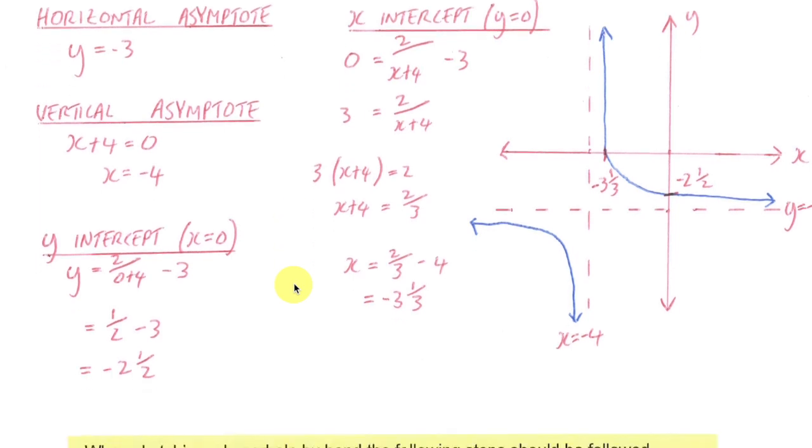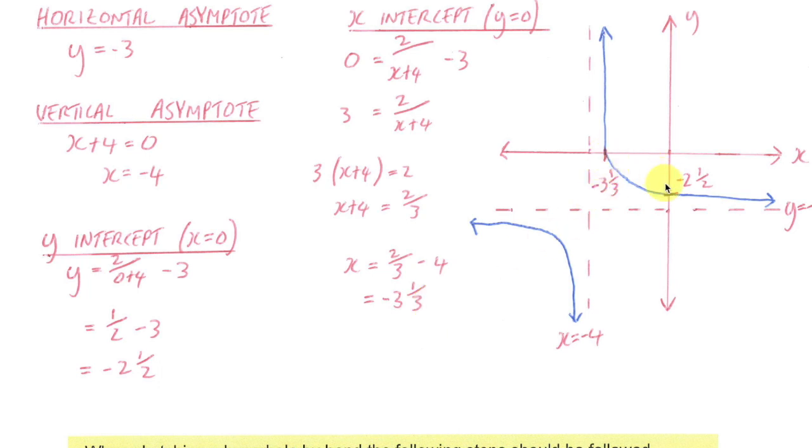To evaluate the y-intercept, I just simply substitute x equaling 0 into the rule and evaluate that it's negative 2.5. For the x-intercept, I sub y equaling 0 into the rule and I work out that I have negative 3 1/3.